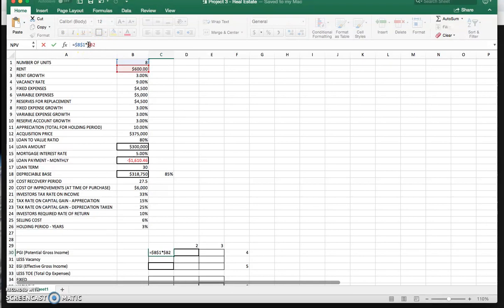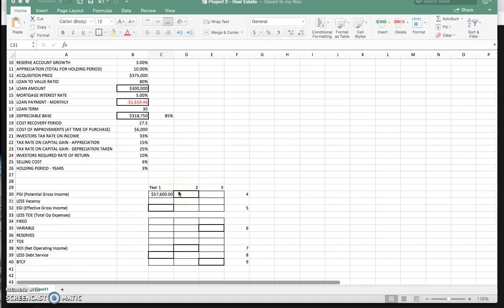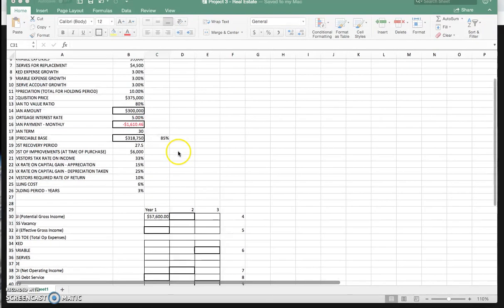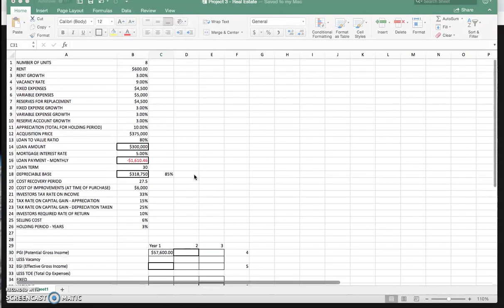It's going to be the same, times 12, because that's how many payments you're making per year. For years 2 and 3 in this example, we're going to have to factor in the growth rate to figure out the PGI.